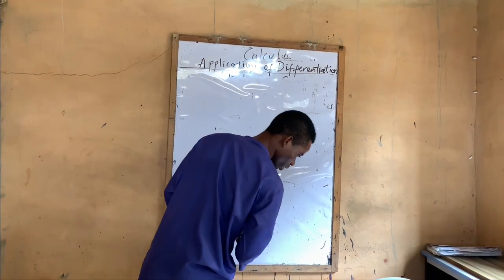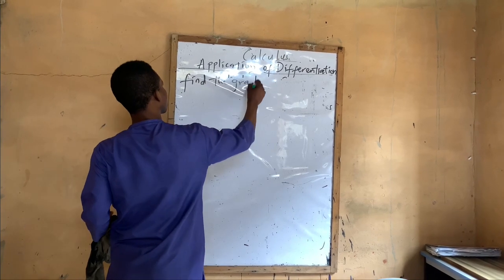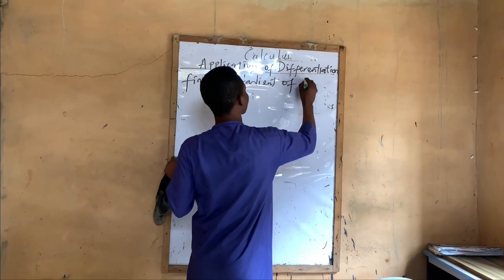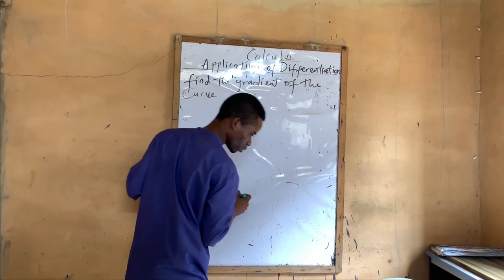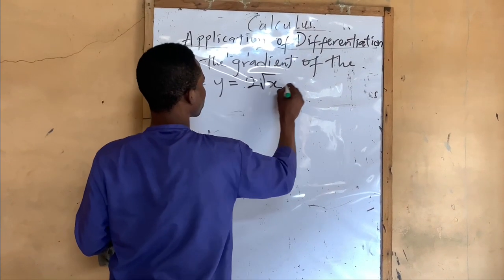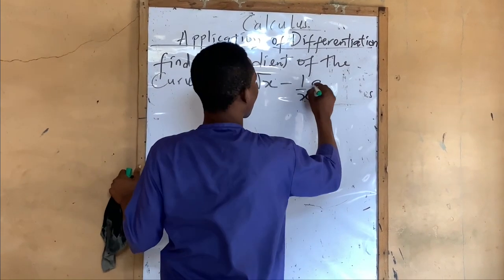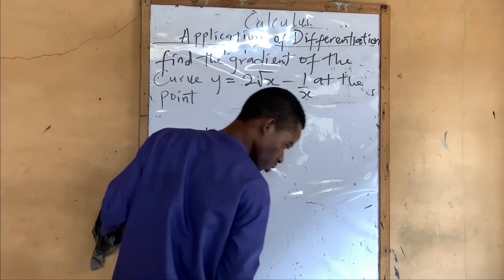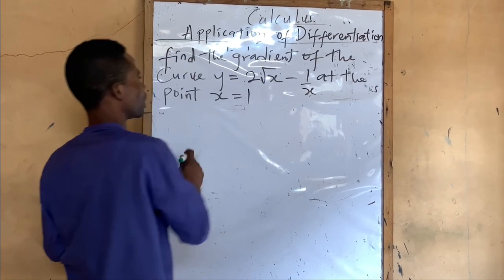I'll give you something like this. They say find the gradient of the curve y equals 2 root x minus 1 all over x at the point x equals 1.